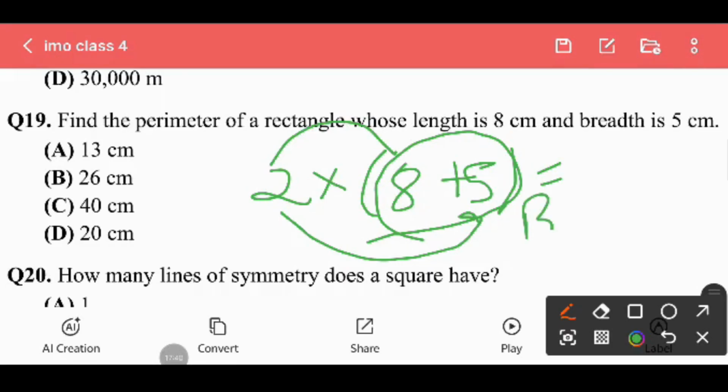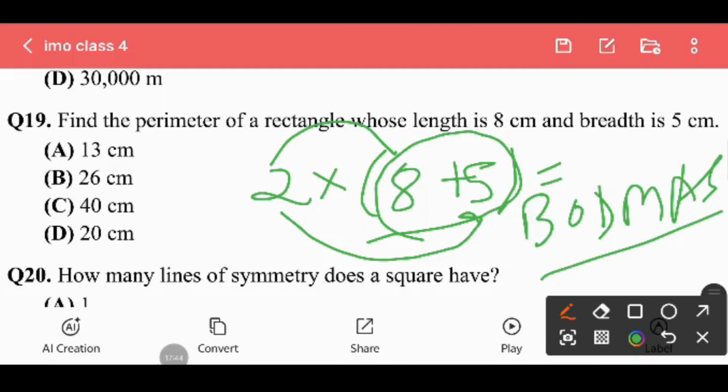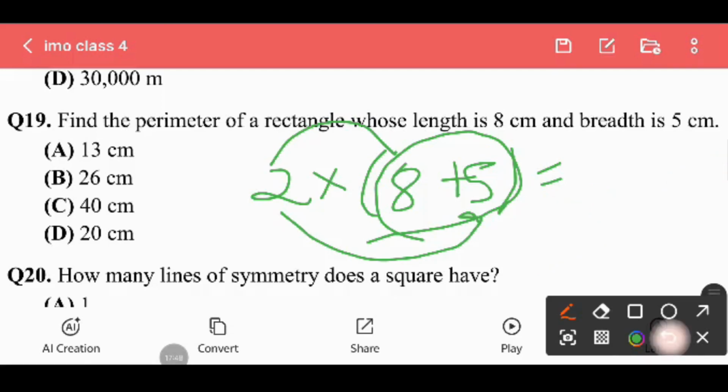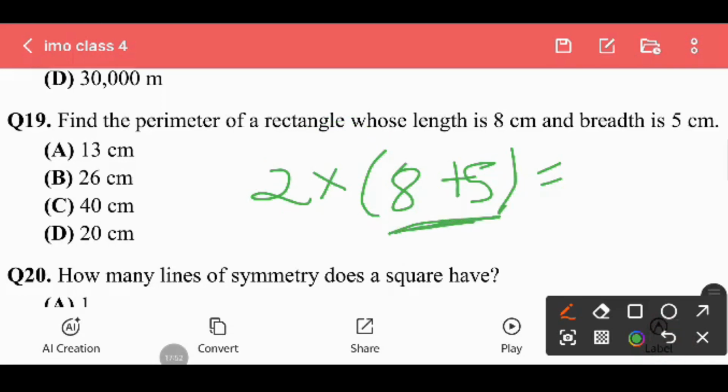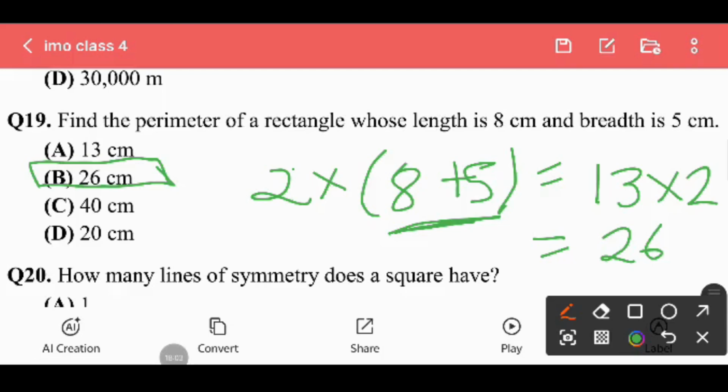First we will follow the BODMAS rule, and we will add these. So 8 plus 5 will be 13. 13 multiplied by 2, and 13 twos are 26. So the perimeter is B, 26 centimeters.